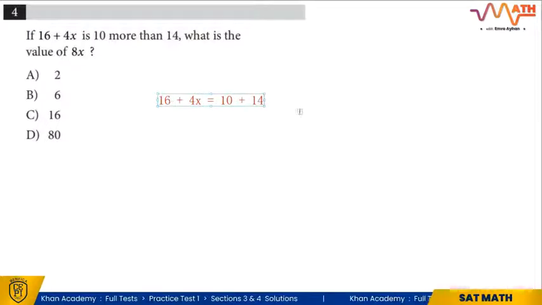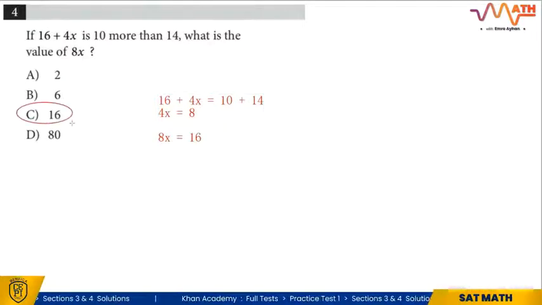This is probably right in algebra, right? So 4x is 10 more than 14, so 4x will be equal to 24 minus 16, which is 8. But the question asks for 8x, so it's fine, right? 16. Answer is C.